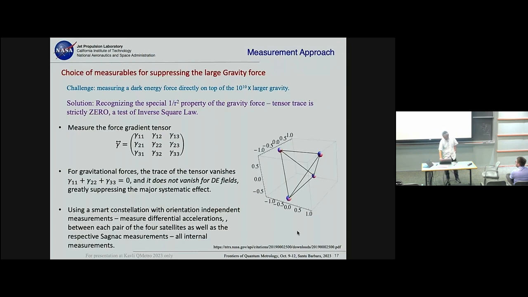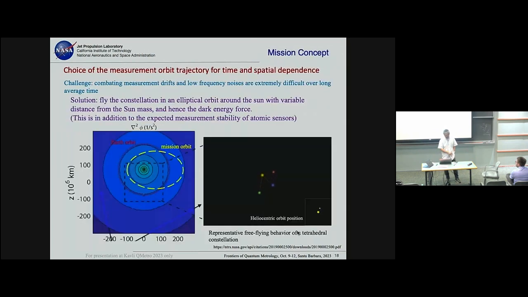We can fly this in the solar system in an elliptic orbit, just to be able to vary the distance from the sun, to look for a violation of the inverse square law, because the Galileon force is actually 1 over root r rather than 1 over r squared. So there's a little signal we potentially can see.